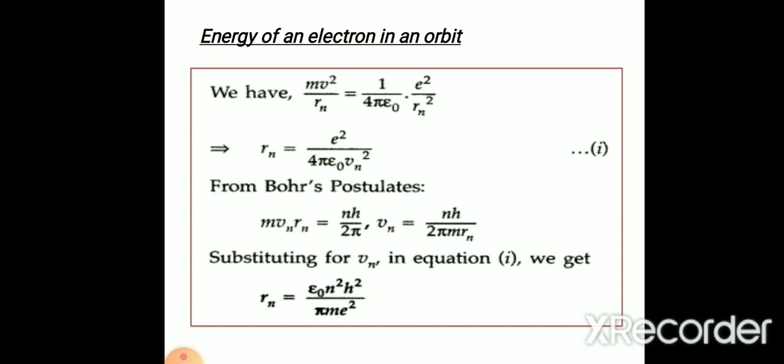Just rearranging the equation, we get an equation for vn as vn is equivalent to nh divided by 2 pi m rn. Substituting for vn in equation 1, we get rn is equivalent to epsilon 0 n square h square divided by pi m e square, which is the equation for radius of the nth orbit of an electron.